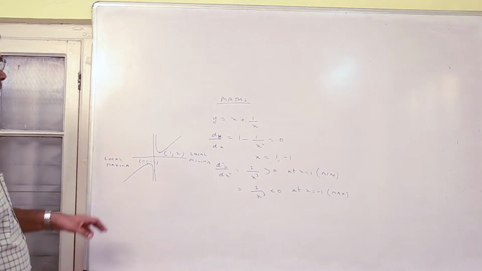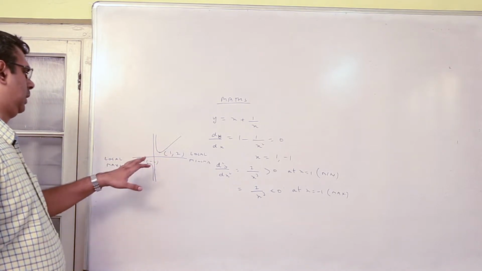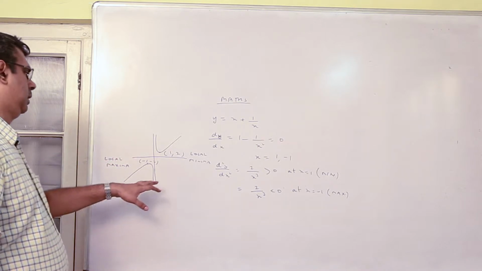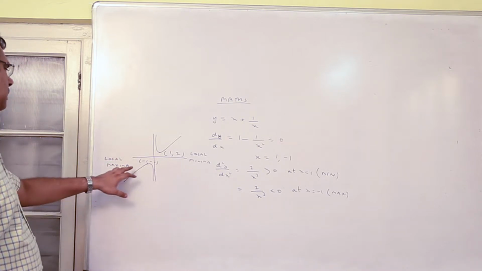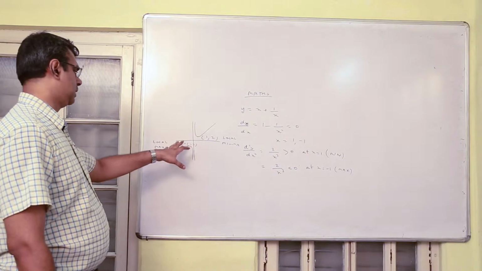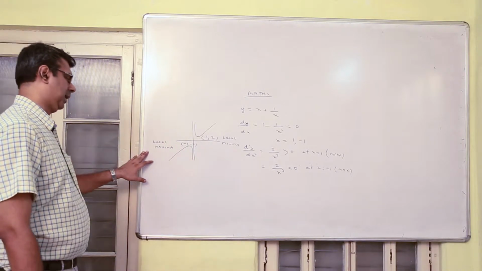That means in the immediate neighborhood of this point, it is the lowest, so it is local minima. In the immediate neighborhood of this point, it is the highest, so it is local maxima.